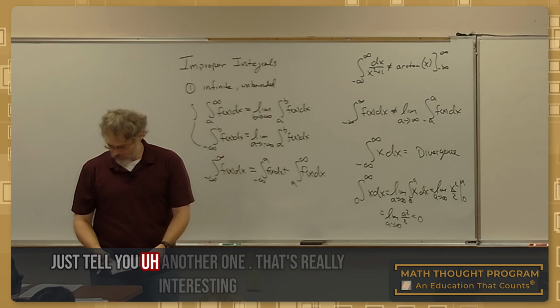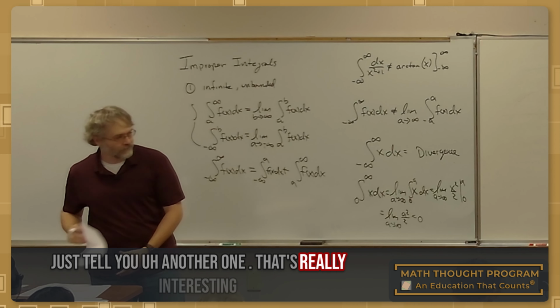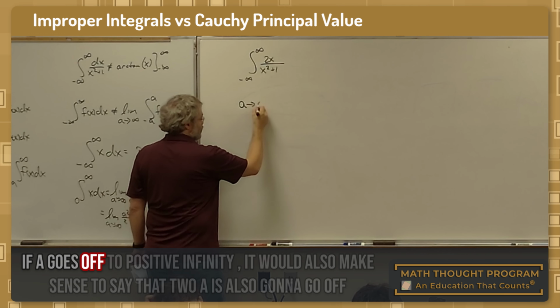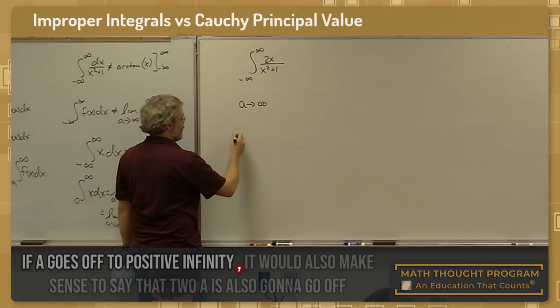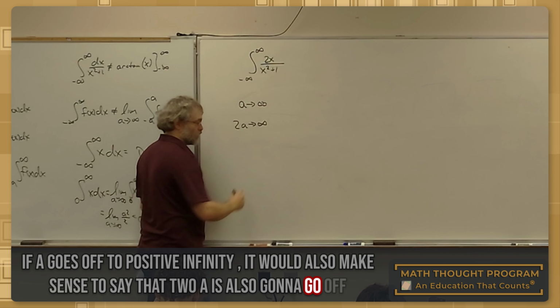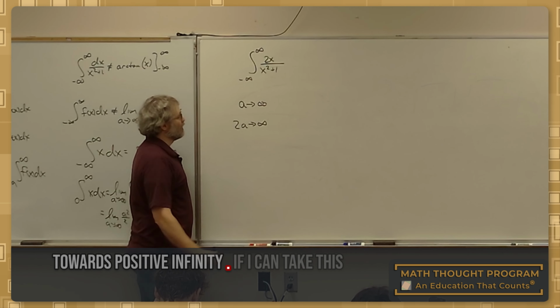Let me throw you another one that's really interesting. If a goes off to positive infinity, it would also make sense to say that 2a is also going to go off towards positive infinity.